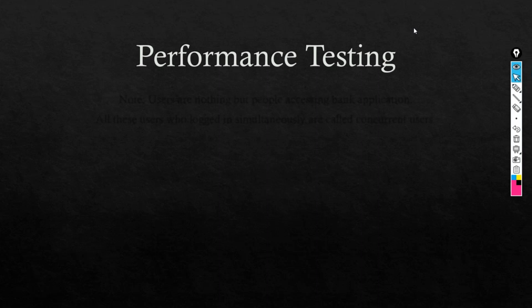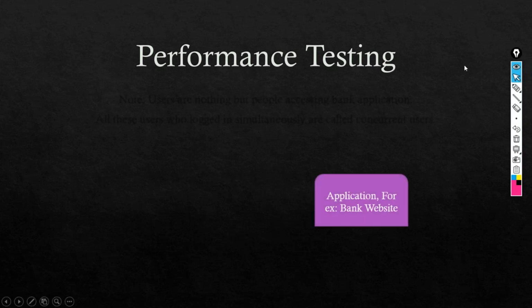Okay, so again, let's take an example of a bank application, any bank application. Generally, what is the time that many people access the bank application? Generally, morning 10 a.m. or 11 a.m., right?